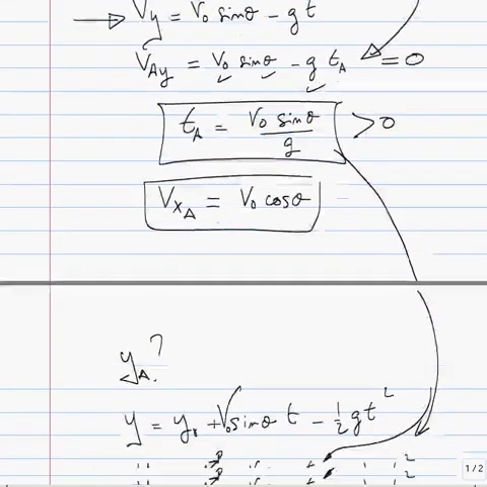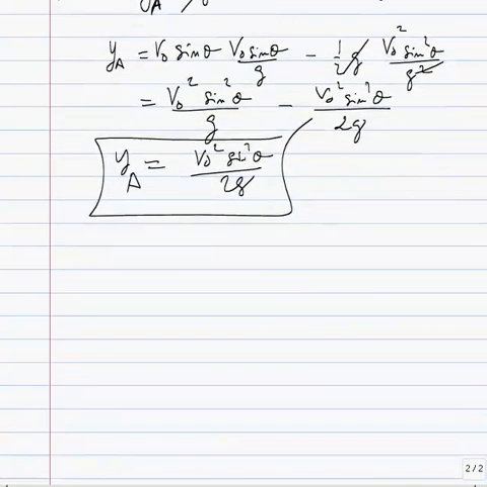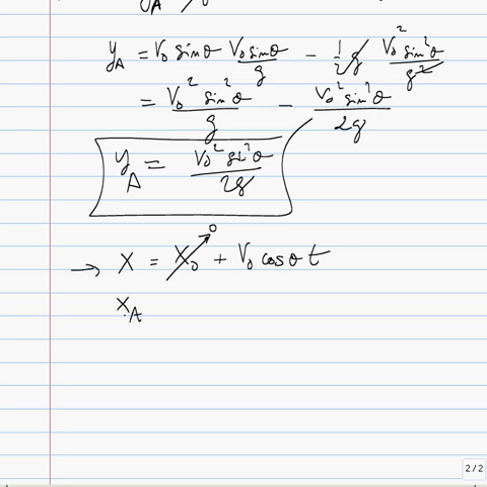We could go and try to figure out the x component. We need to use the equation of motion of the x. X will be x naught plus v naught cosine theta t. Again, x naught was 0. We evaluate this at point A, so x becomes xa.